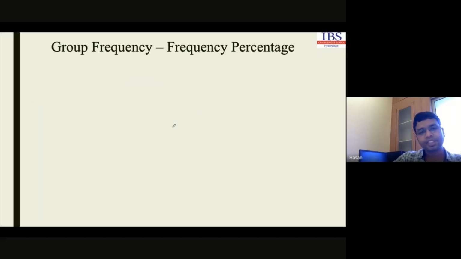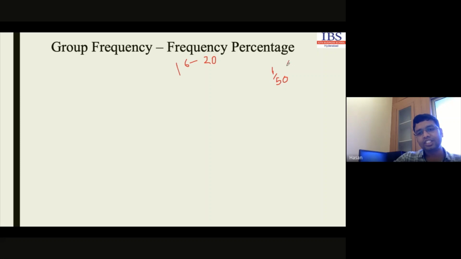Okay. Next one is percentage frequency. How we compute the percentage? Very simple. Class frequency divided by total frequency, expressed in percentage. Total frequency is 50. If we consider this 16 to 20 class, our class frequency is 1 and total frequency is 50.